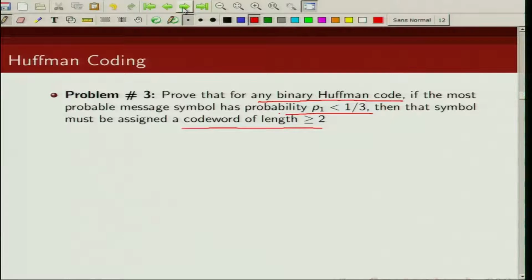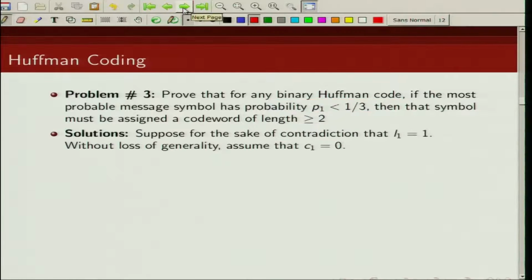Now how do we prove this result? We will use the method of contradiction. Let us say that we are assigning this most probable symbol, which has probability less than one third, a code word of length 1, and then we will show that this is not possible.